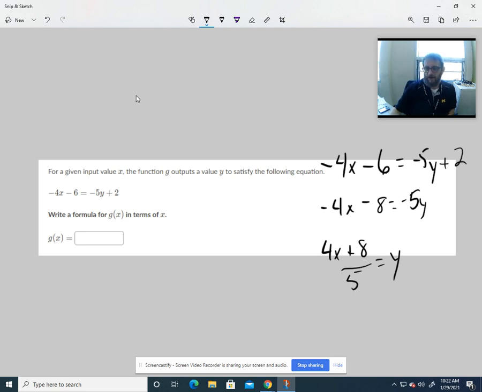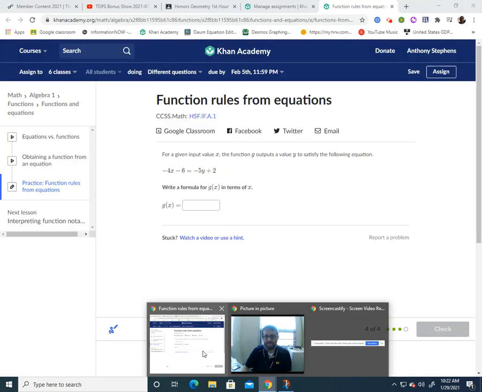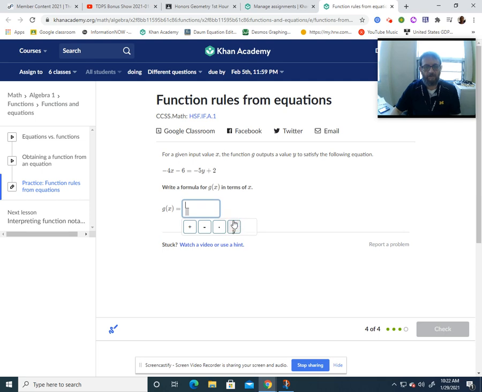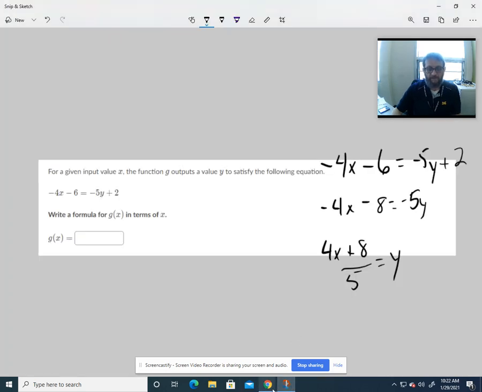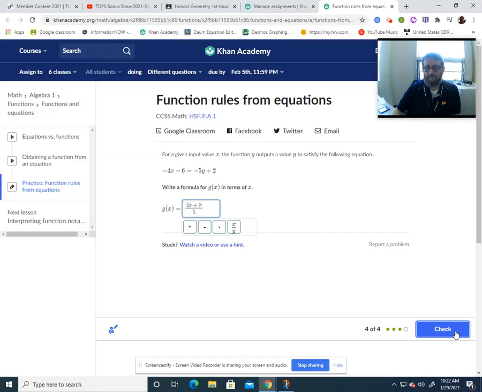Now, I'm going to try to see if it'll accept it this way. I hope it wouldn't accept the negatives. But remember a minute ago we tried it where we were doing it split apart? This time I'm going to write it as one and see if it takes it that way. So 4x plus 8 over 5. Isn't that what I got? That is what I got. Okay, let's see if it takes that.